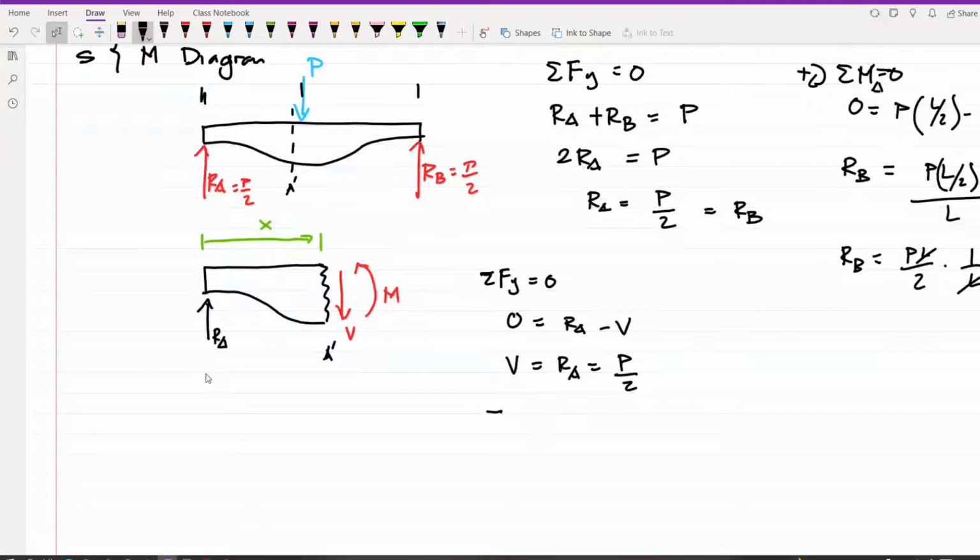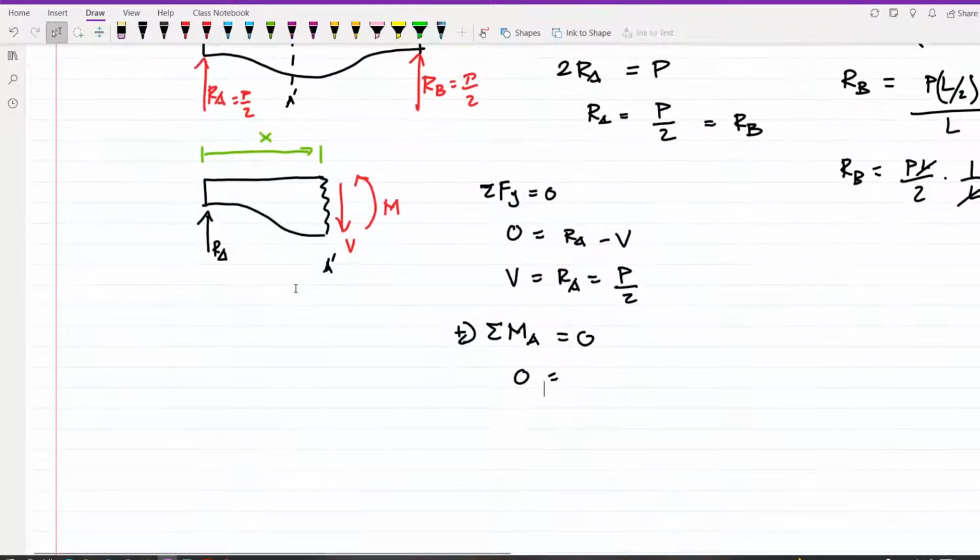So, meron tayong summation of moment along A na lang, is equal to 0. So, 0 is equal to V na nag-a-act sa X tapos minus moment. Therefore, M is equal to Vx.